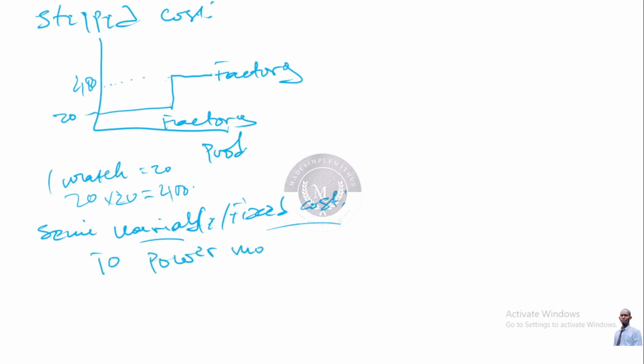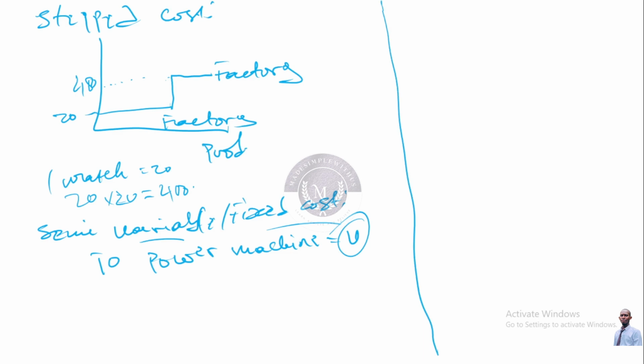We are going to power the machine. It varies because the level of activity has changed. In those days, we were producing just one watch, but now we are producing 400 watch. To power the machine, the level of fuel that we are going to use varies. That's why powering the machine is a variable cost. Are we okay?